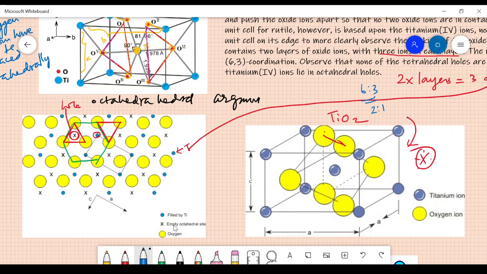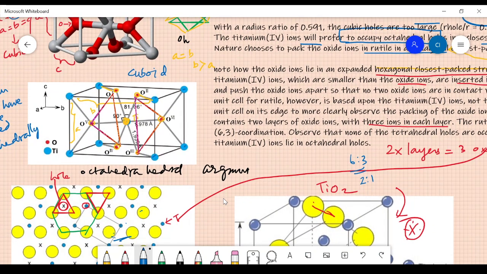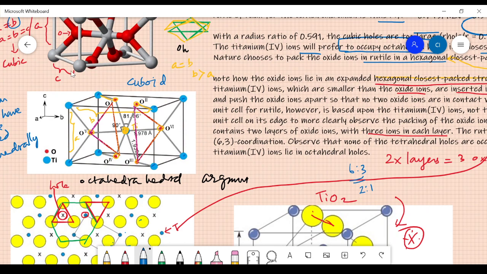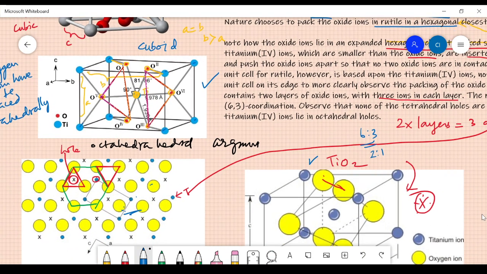Here it is mentioned as the empty octahedral site. If they ask you to write briefly about the structure, you have to draw this structure, write some points about this, and then finally draw this structure. And this is the rutile structure.